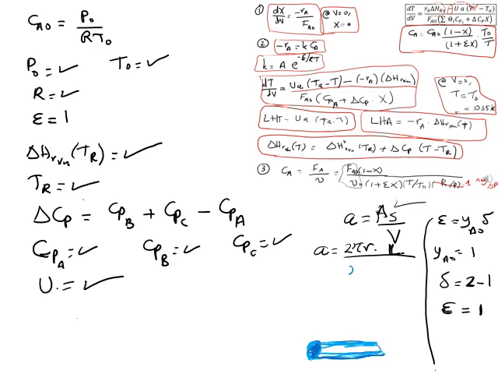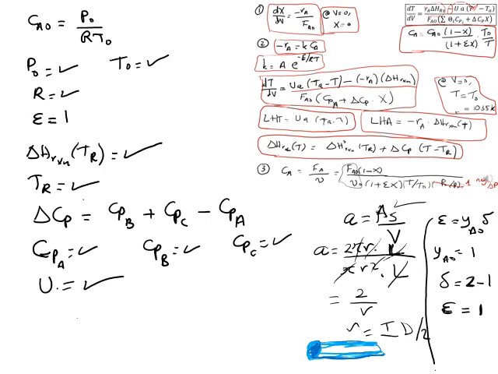So it is pi r square times L. L cancels out with L, pi cancels out with pi, and one R cancels out with the other, so we end up with 2 over R, where R is the inner diameter divided by 2.